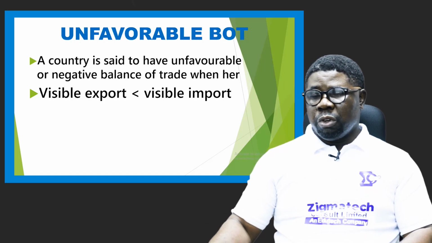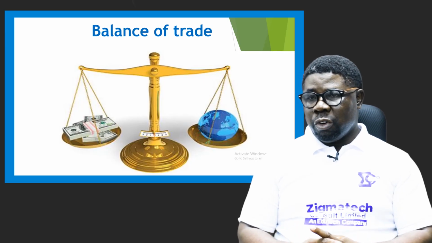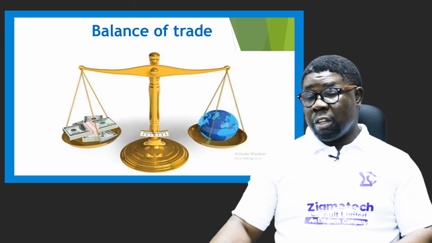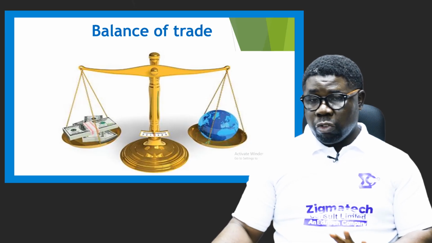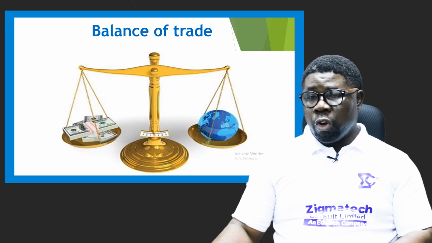Just like in the courts, you weigh and balance. So there's a check and balance between these two things. Are you at an advantage, or are you equal, or are you at a disadvantage?